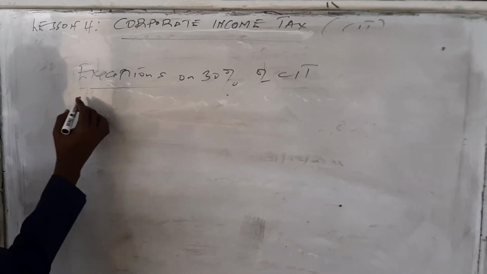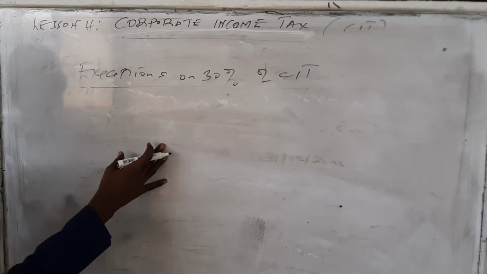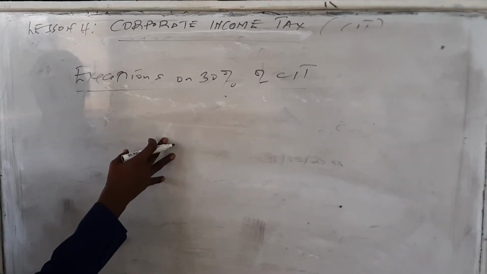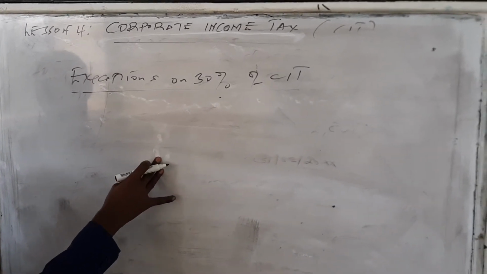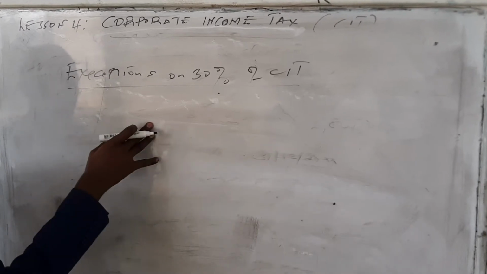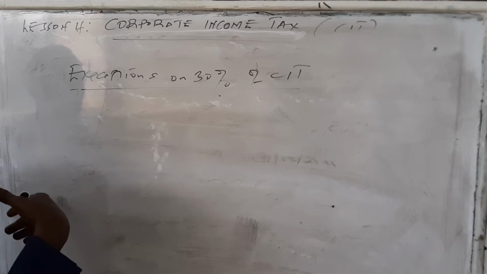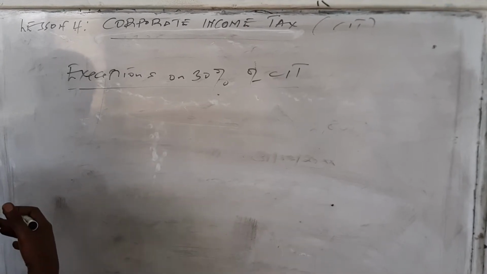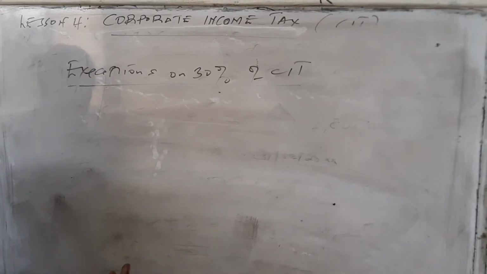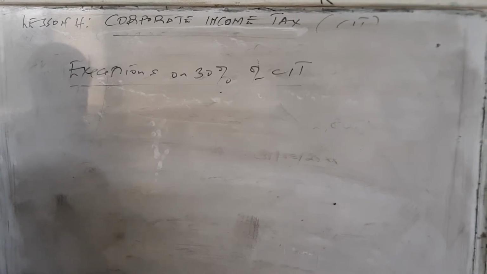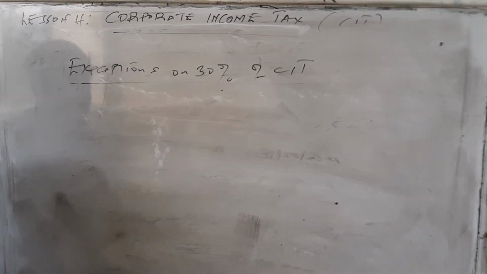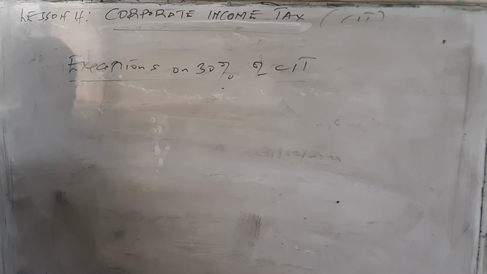Number one, when a company lists shares to the public through the Rwanda Stock Exchange, the CIT will change. They should pay different rates depending on the percentage of shares they have listed.